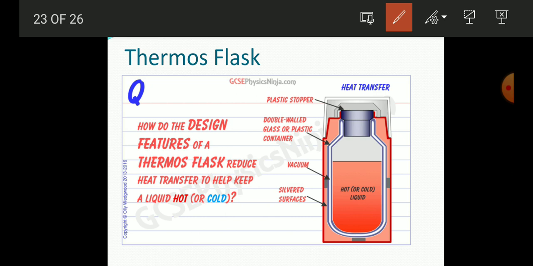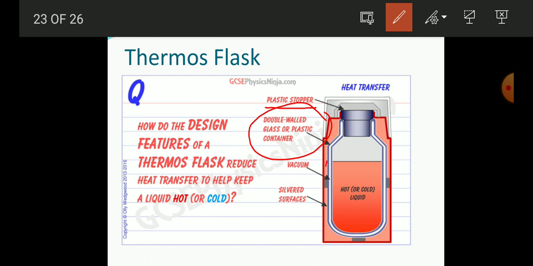So in this thermos flask, the vacuum is used. As you can see in the image, students, there is a plastic stopper, and here there is a double walled glass or plastic container. Double walled means that if the wall is double, it can retain the heat or the coldness for a long time.